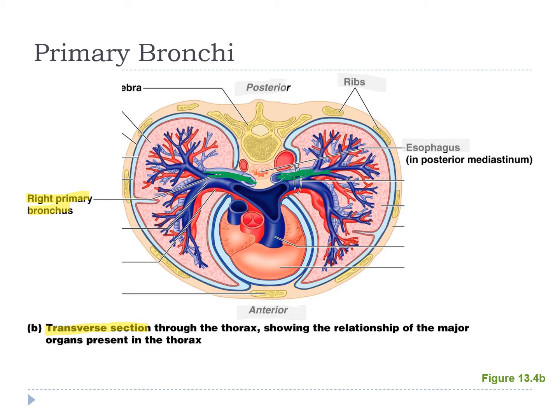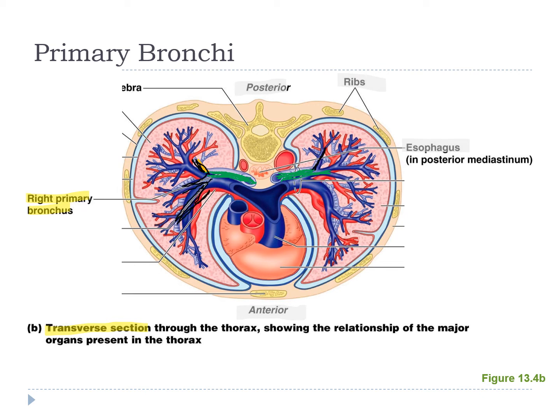So actually, if you look closely, you'll see that the airways continue to branch off. Okay, so we see a branch there, a branch there, a branch there. Same on this side.